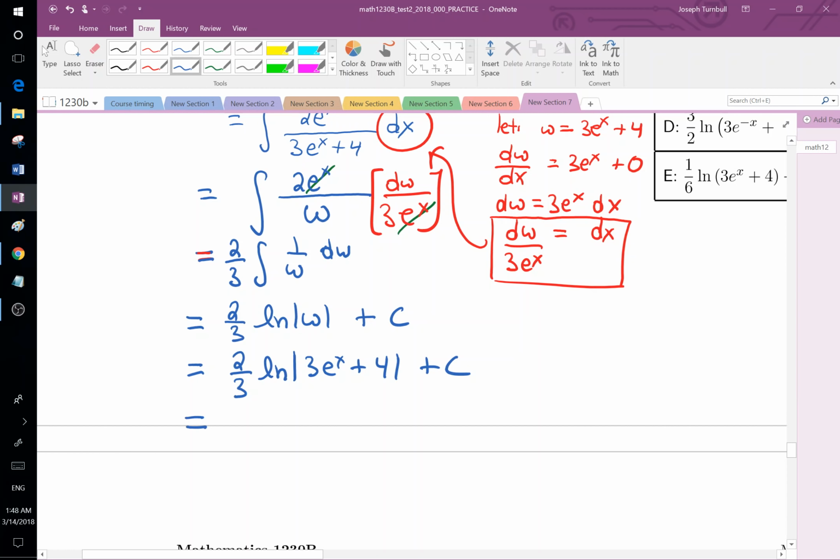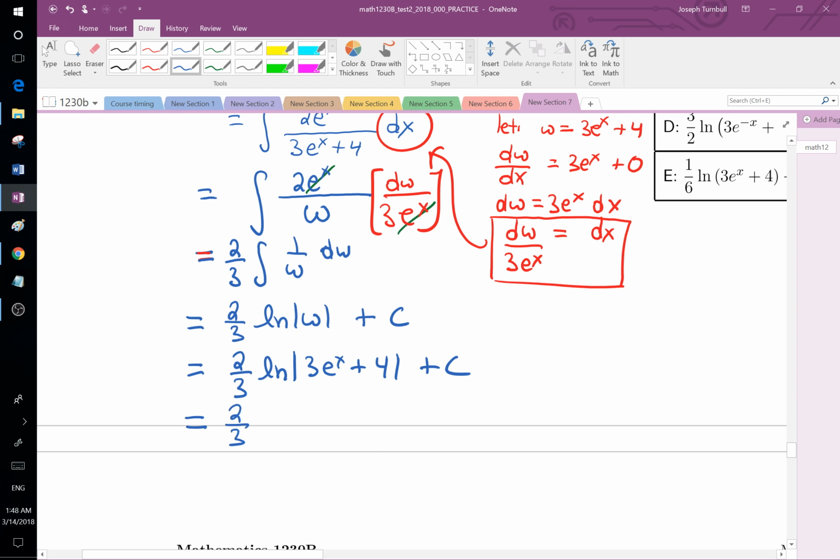And the next part's kind of a technicality. It's reflected in multiple choice options though, so I'm going to mention it. e to the x, that's an exponential function, and it's never going to be negative. It's always above the x-axis. You can't get negative numbers out of e to the x. You only get positive y values out of that function. You multiply by 3, you're not going to make negatives, still positive.